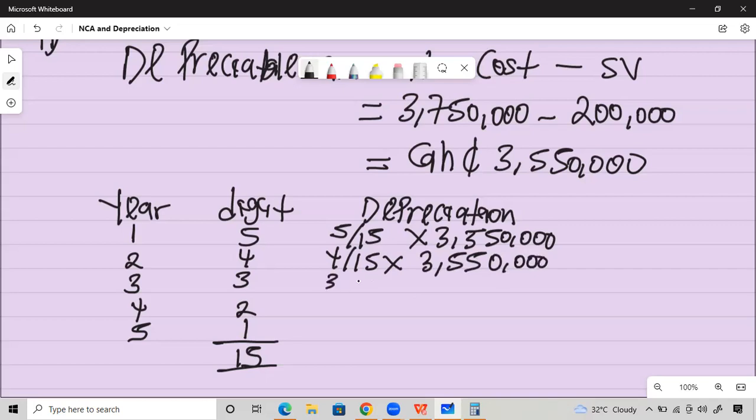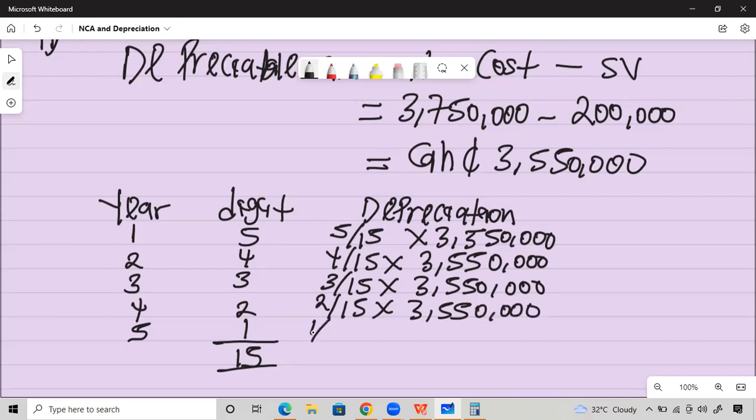Next one will be 3 divided by 15 multiplied by, this will be 2 divided by 15 multiplied by, and this will be 1 divided by 15 multiplied by. Whatever you get is your depreciation in each of these years. And that's it.